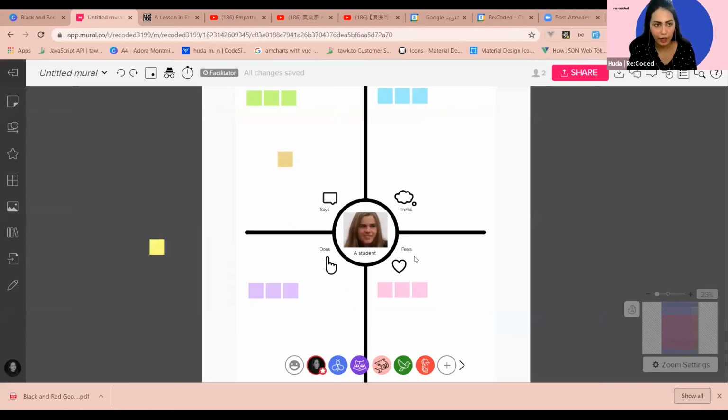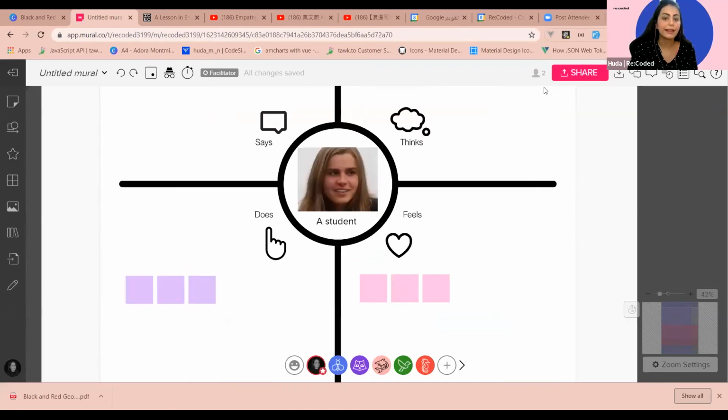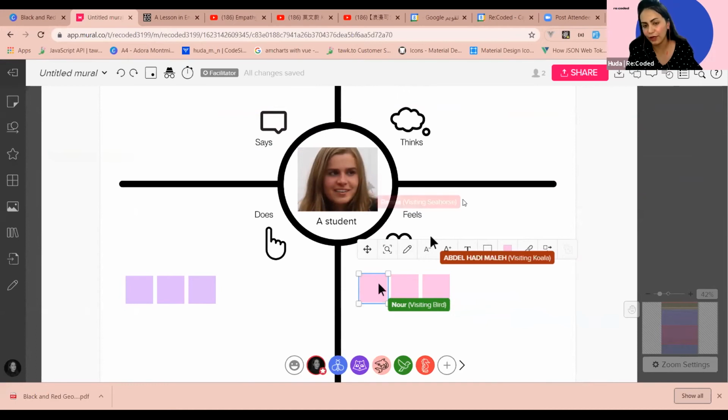I will go here now to the feelings section to write what she was feeling during the morning. Actually, she shared a little bit of her feelings during the interview. Now, we want to detect her feelings by writing here what she was feeling during the morning or during the day because of her morning routine.